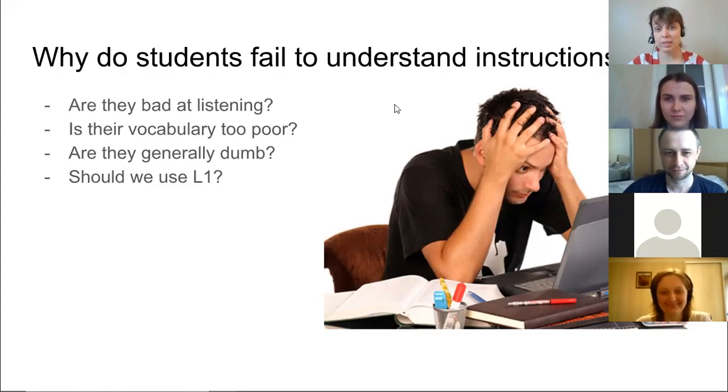Right, and mostly if the student doesn't understand the instruction, it's not the student's fault, it's that the instruction is not very clear. Students are generally smart enough to understand what it means to match words and pictures or to fill in the gaps and so on. Yes, but sometimes it's not formulated clearly. Okay, the question that Andy raised: should we use L1, Russian or some other first language that you share with the student?